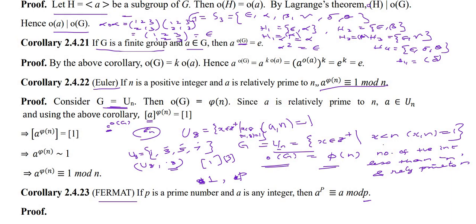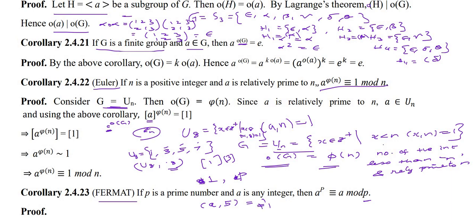So if P is a prime number and A is any integer, then what relation can we have between these two? Given any two numbers, either the GCD is 1 or it is not equal to 1. Only these two possibilities.